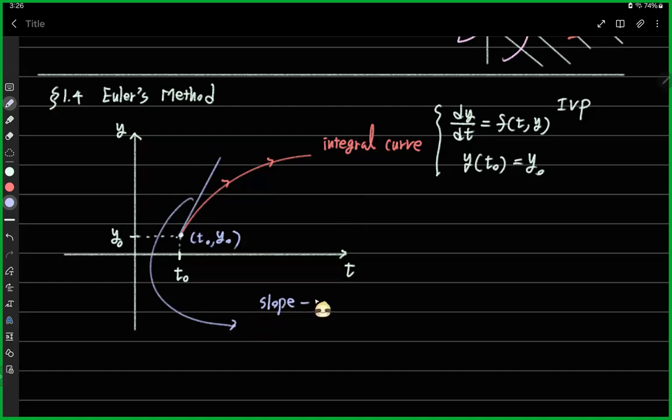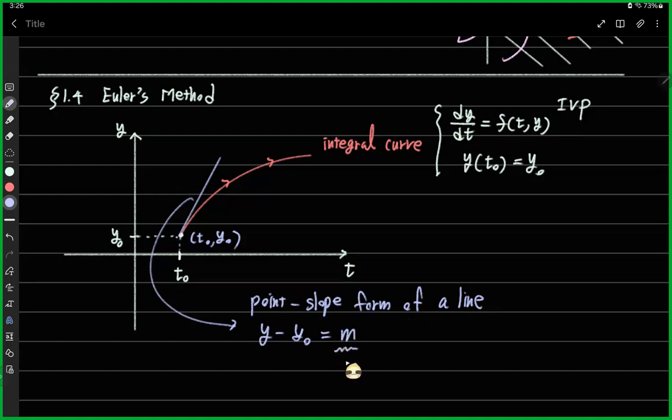We want to use the point-slope form. So y minus y naught is equal to the slope m. What's the slope? dy/dt, which is f of t comma y.